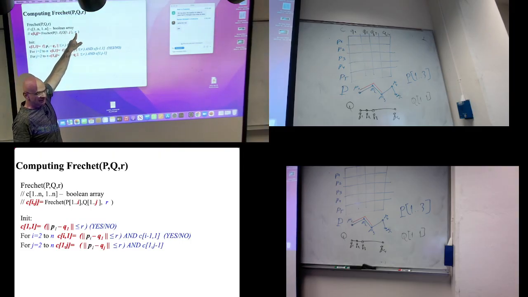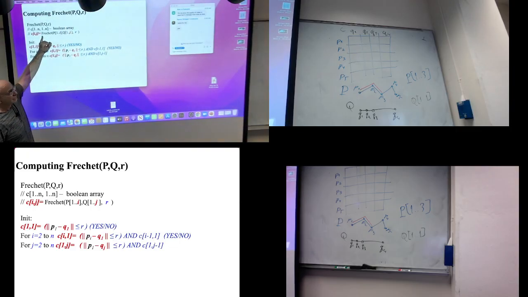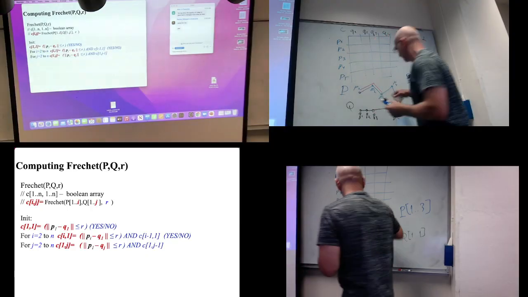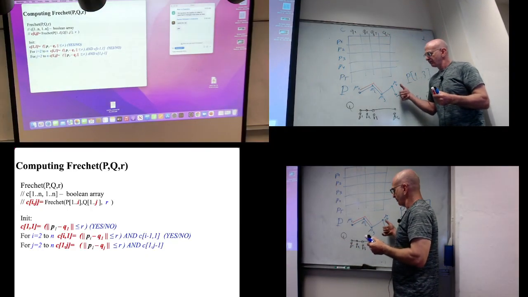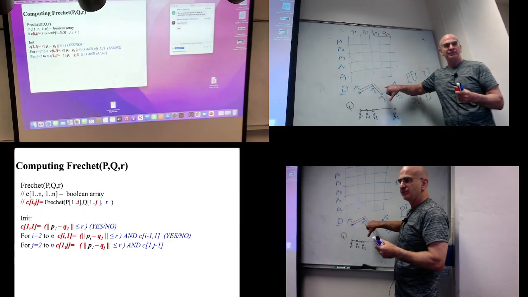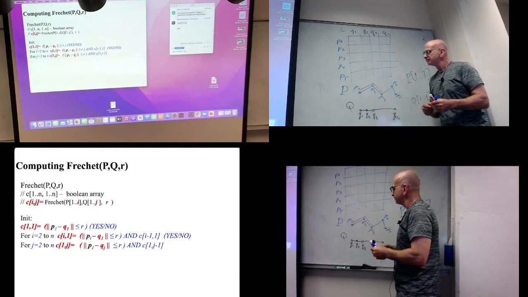R is 17 meters, the same 17 meters that we saw earlier. Frechet is a Boolean function, a Boolean method. It tells you true or false, yes or no. Cij should contain yes or no, depending on whether the Frechet distance is within R, but not between the whole of P and the whole of Q, just between some prefix of P and some prefix of Q.